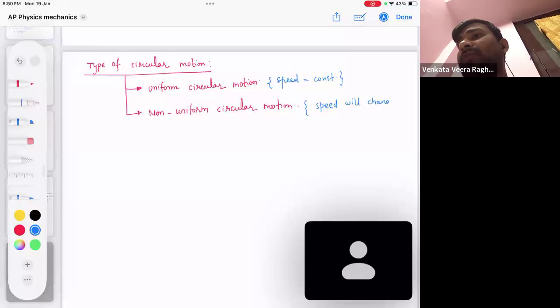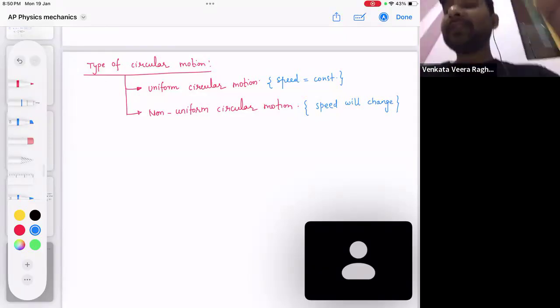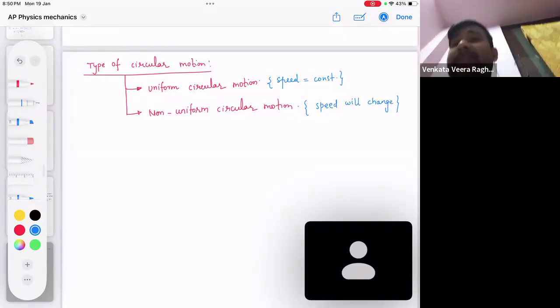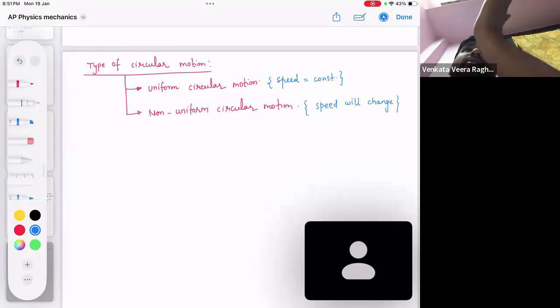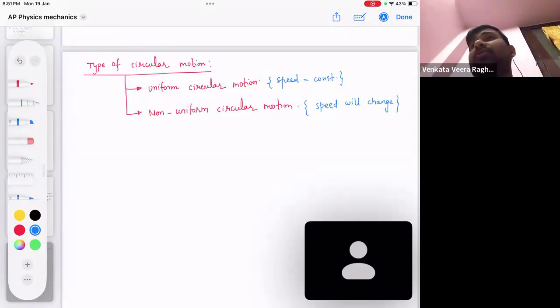You will be saying, sir, why didn't you write velocity constant or velocity changing? Because in a circular motion, velocity can never become constant. Understand why? Because whenever a circular motion happens, the direction of velocity of the particle will always be changing.